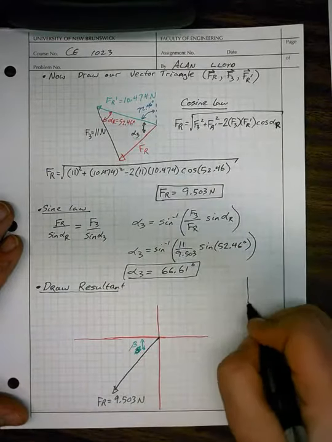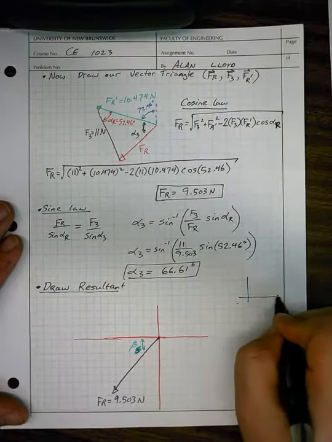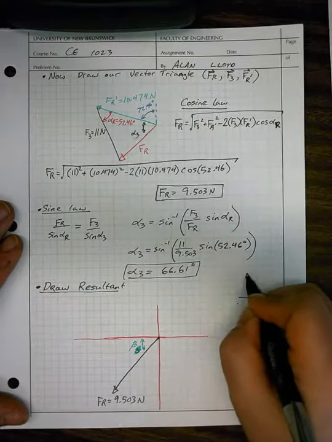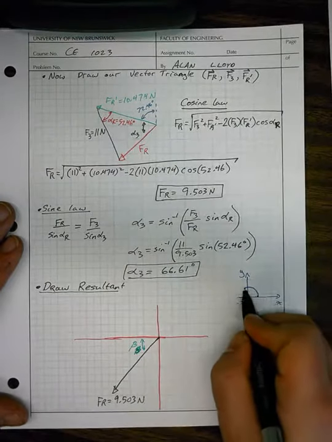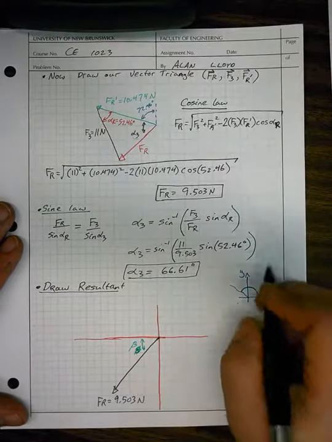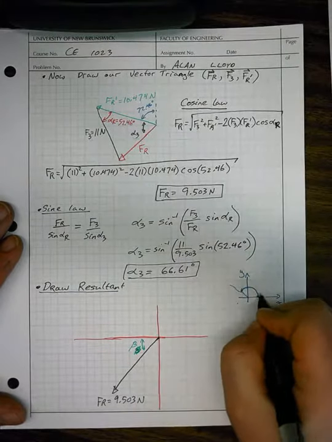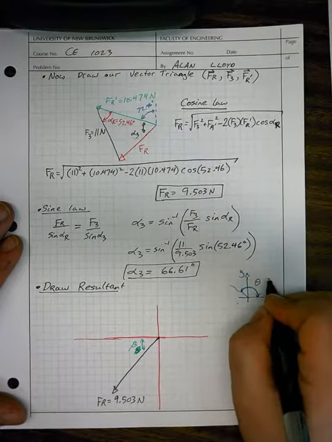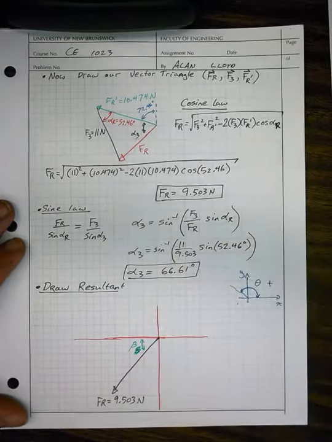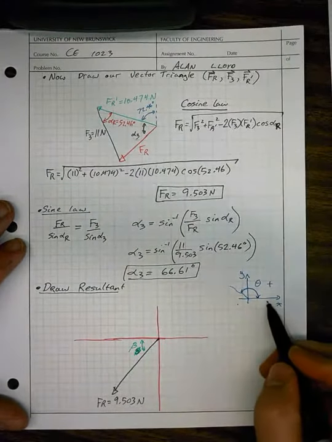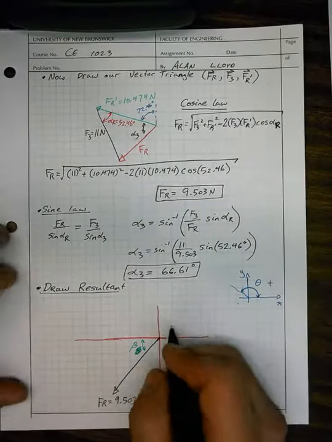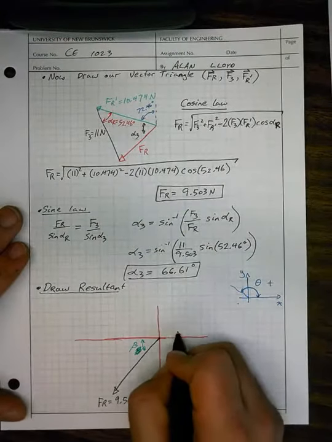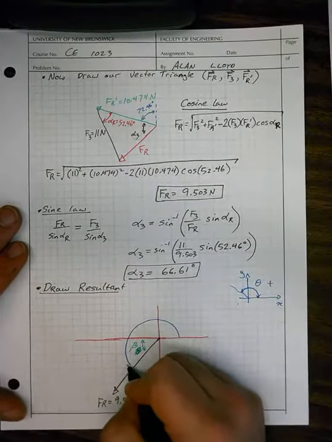X, Y. And starting at the x-axis and rotating counterclockwise, we have theta. And this is positive. Theta moving off of the x-axis, rotating counterclockwise, is a positive value. So if we want to get our standard angle here, we can calculate theta as well.